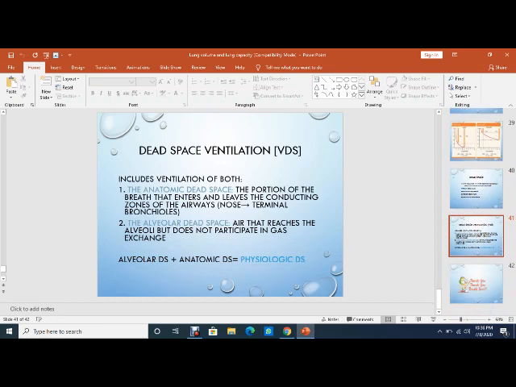Dead space ventilation includes ventilation of both anatomical dead space and alveolar dead space. So alveolar dead space plus anatomical dead space is equal to physiological dead space. This is the formula.